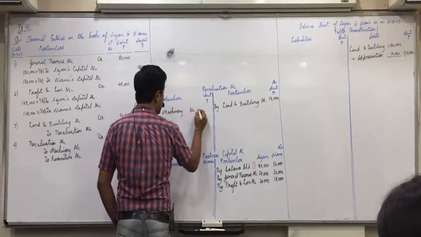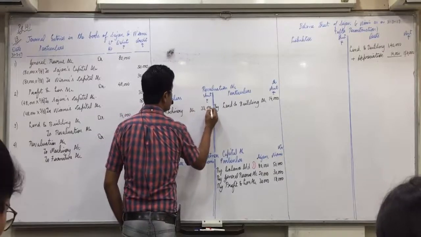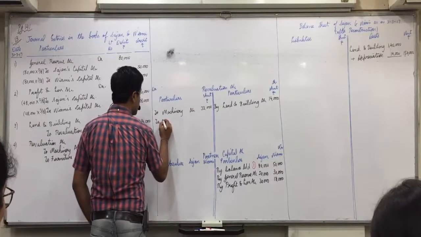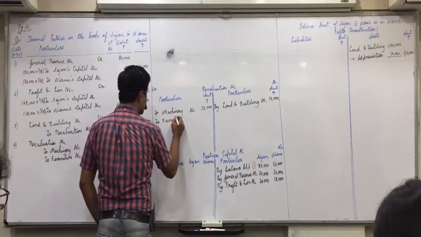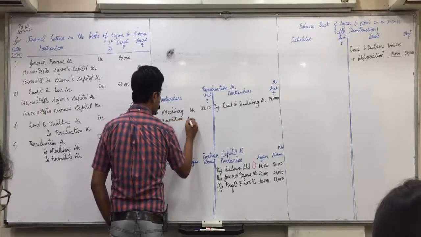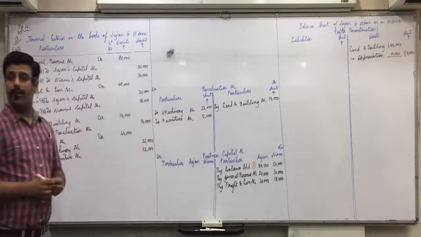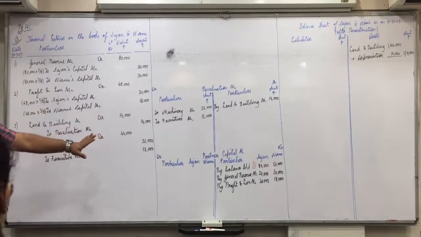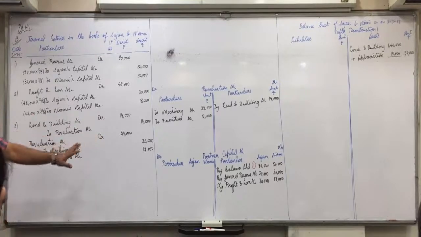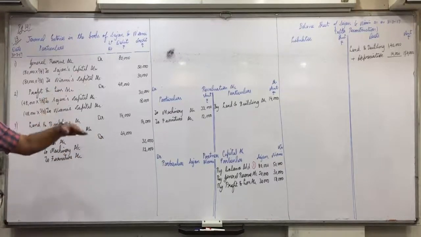To machinery account 32,000. To furniture account 12,000. Raise your hand who did not understand the first effect. Revaluation account debit, so revaluation on the debit side.